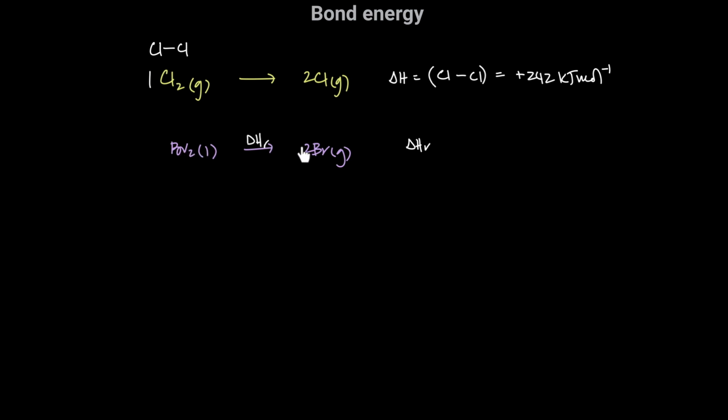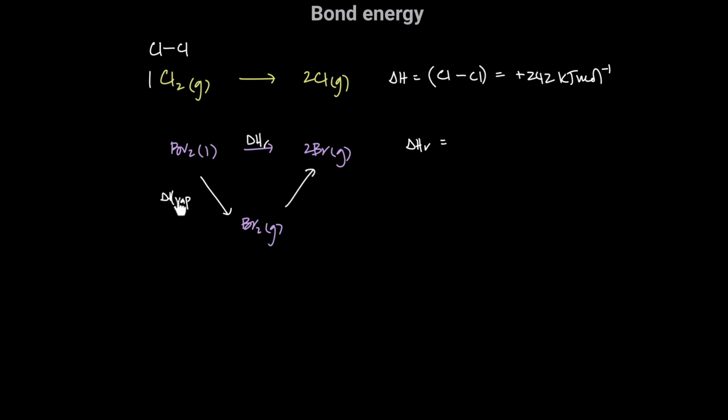What we're first doing is vaporizing 1 mole of bromine to form gaseous bromine molecules, and then the energy needed to break those covalent bonds in the gaseous state will be the bond energy.